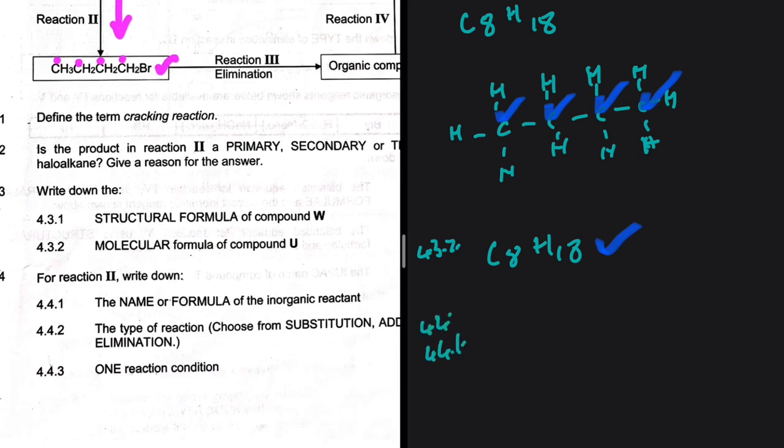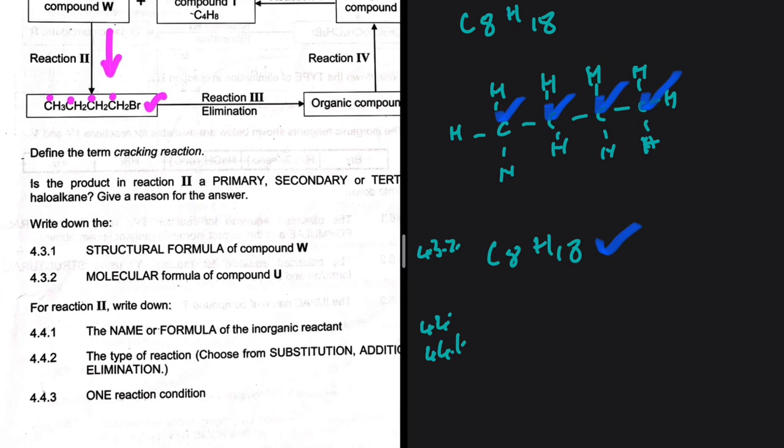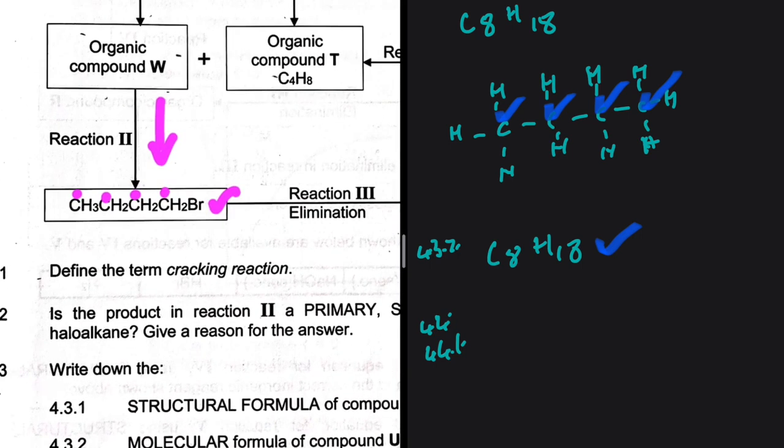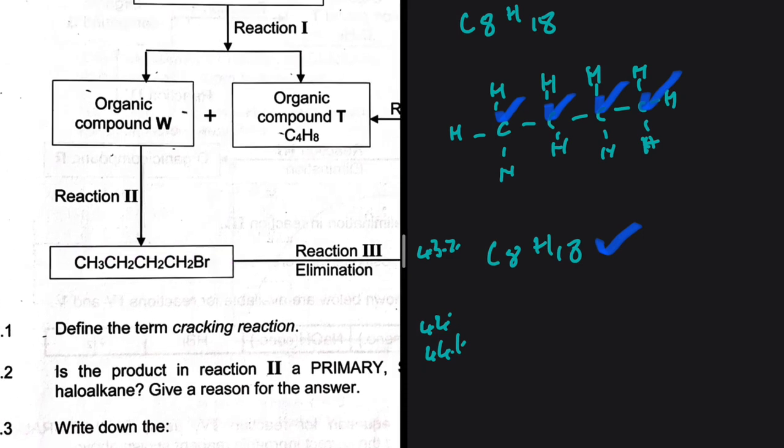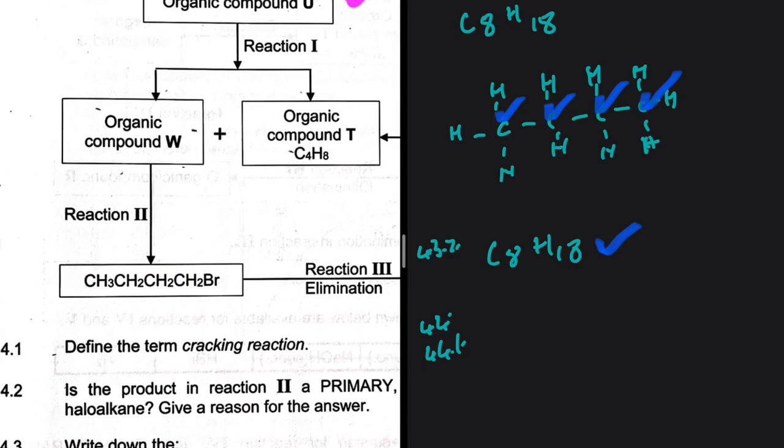4.4.1. Here we had to really think, right? We had to really think about this one. Let me show you why I'm saying that. Okay, so the name or formula of the inorganic reactant of reaction 2. We said that compound W is C4H10, right?